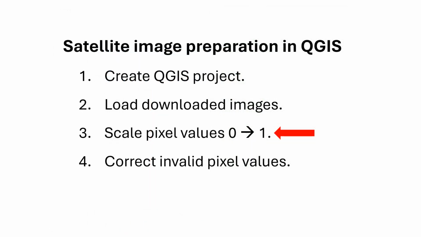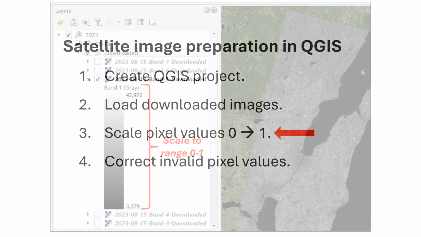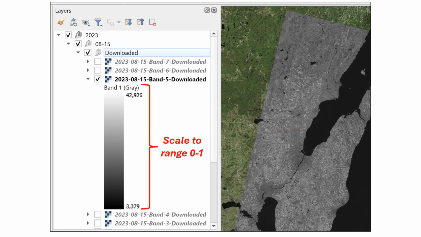In order to use these images for certain image analysis functions, the pixel values need to be scaled to the range of 0 to 1. So these are the values that need to be scaled from 0 to 1.